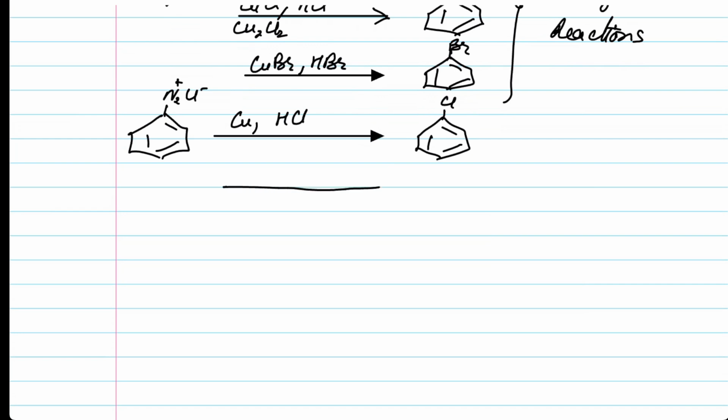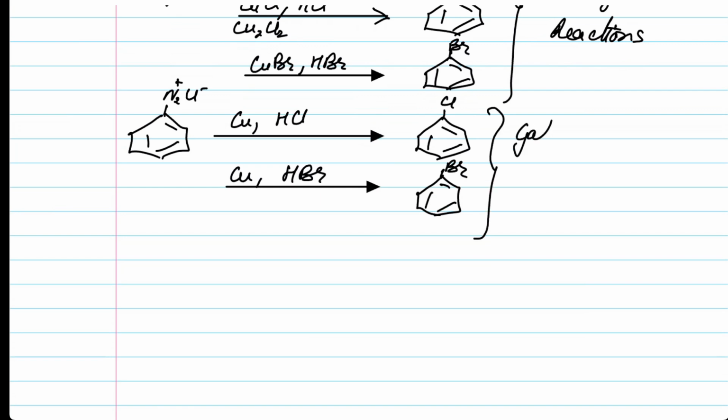We could have Cu along with HBr. That also is going to give us bromobenzene. Now, these two reactions are termed as Gattermann's reaction. The Gattermann's reaction gives a poor yield as compared to the Sandmeyer's reaction.